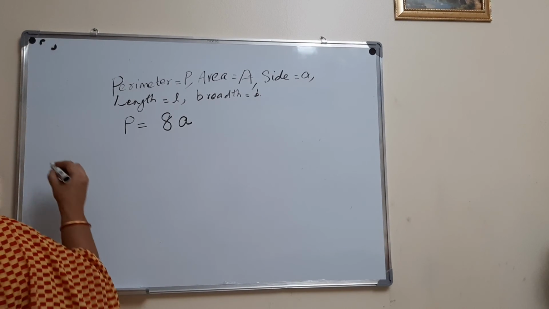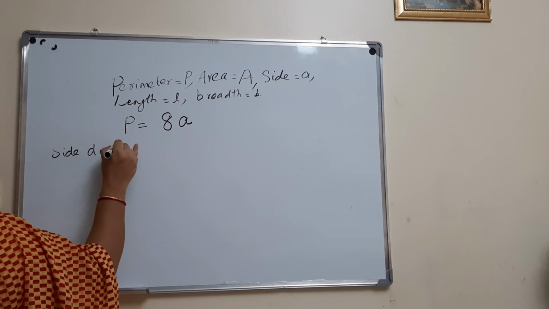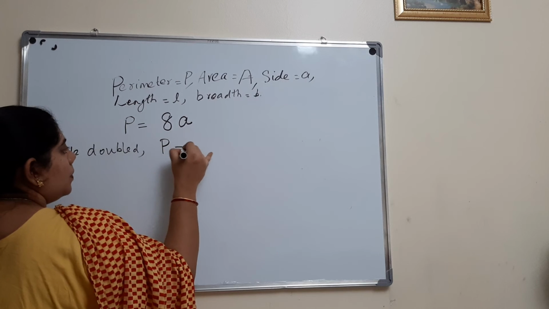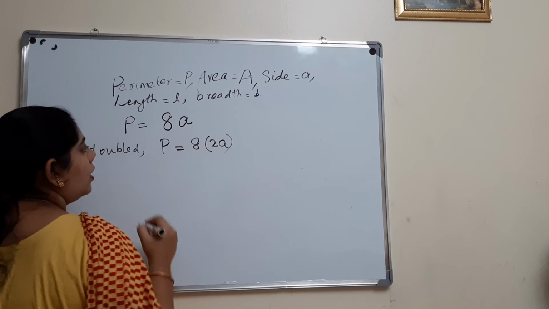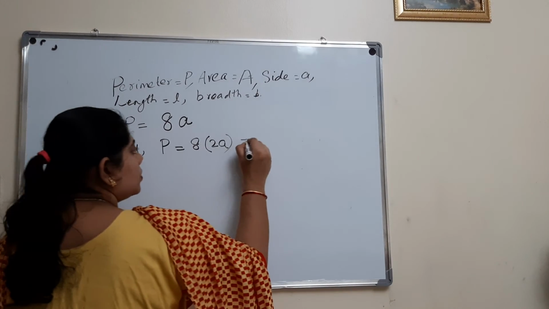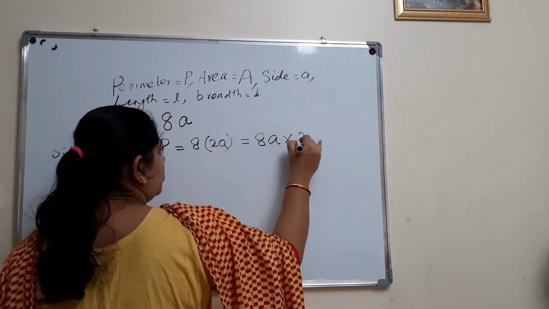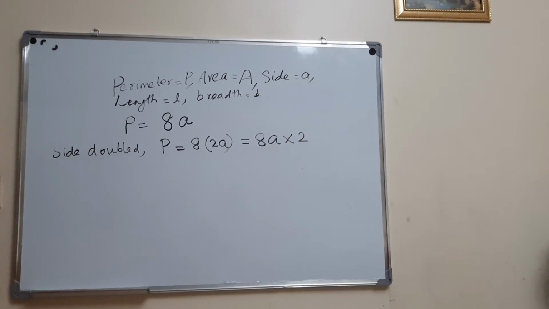So here also, when the side is doubled, what will happen? The perimeter will become 8 into 2A, that is 8A into 2. The perimeter also gets doubled.